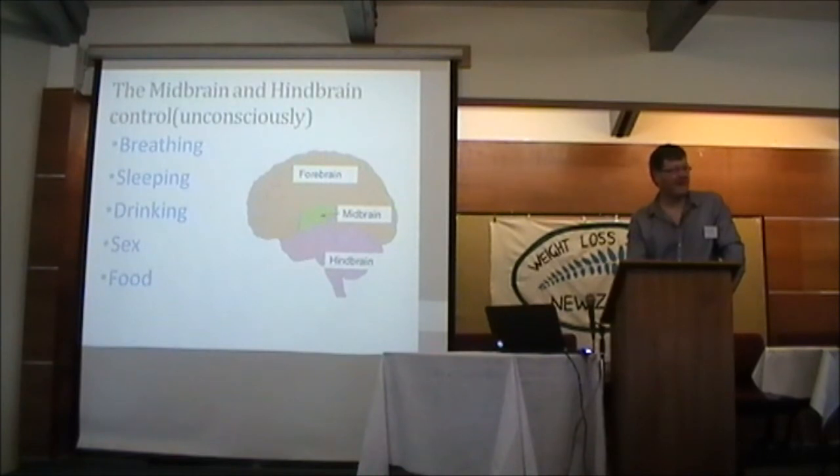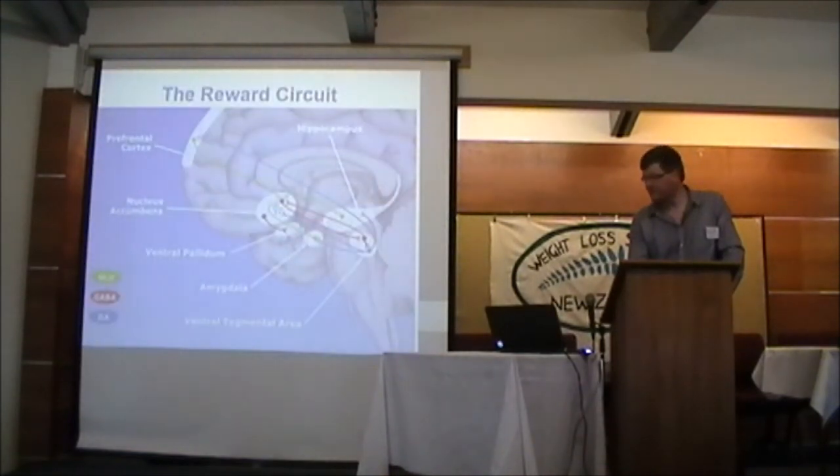And we don't have a lot of control over those things. Take, for example, breathing. How long can you stop breathing before you pass unconscious and your brain takes over and enables you to breathe again? So there are a lot of unconscious things that happen in this part of the brain, the reptilian brain.